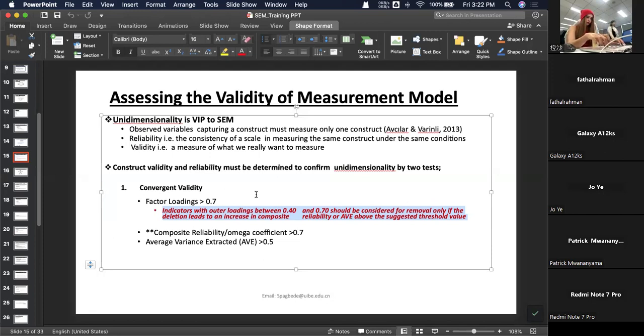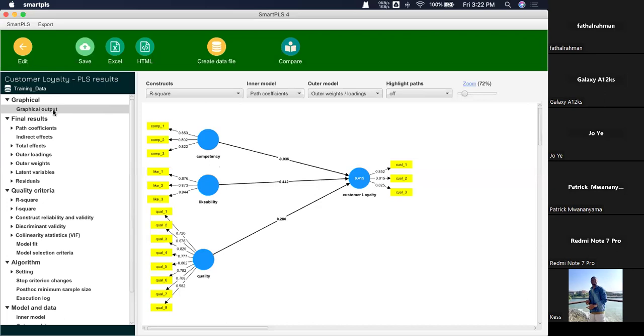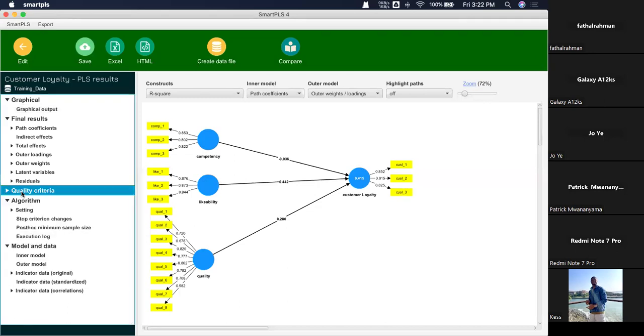So the next thing we did was to take a look at the composite reliability and the average variance extracted. And to do that, you go back to your PLS-SEM result, which is here. On the left-hand side of the screen, you see some output there: graphical output, final result. Go to the part with the heading quality criteria.